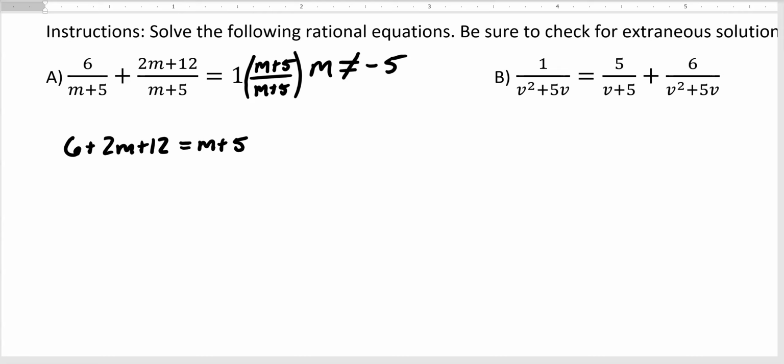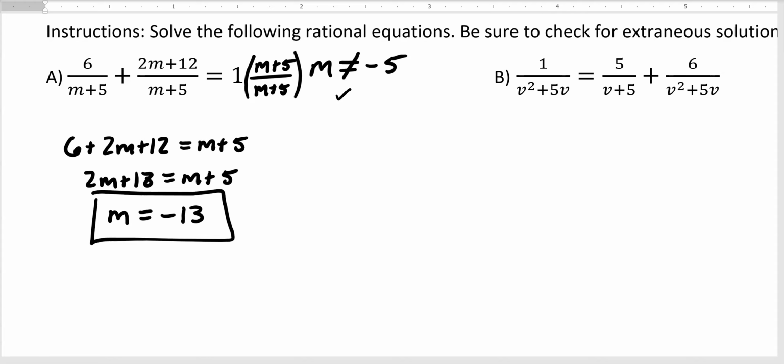That's a Home Alone reference for y'all. So we have 2m plus 18 equals m plus 5. Subtract the m from both sides, subtract 18 from both sides, I'll have m equals negative 13. Now that works with my excluded value, so m equals negative 13 is my solution.